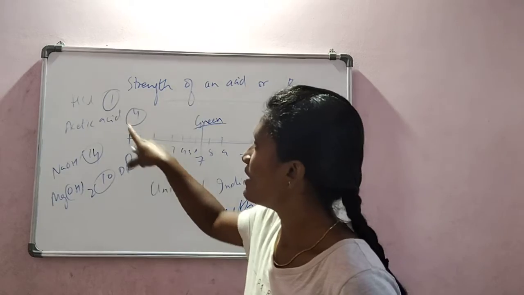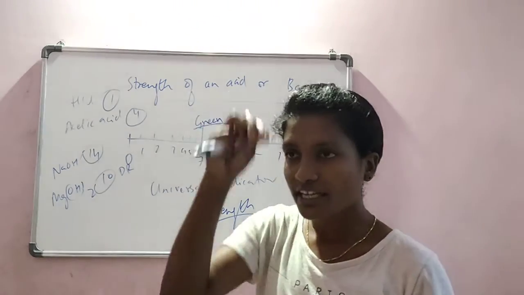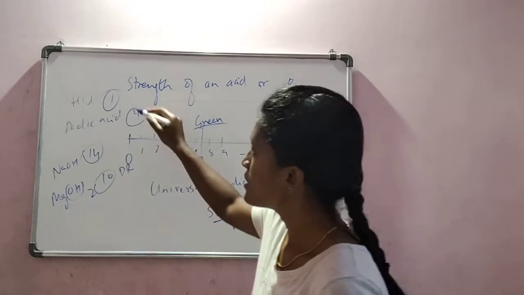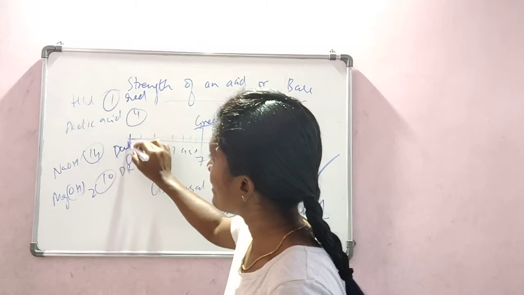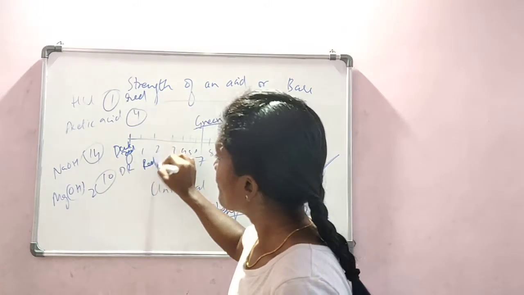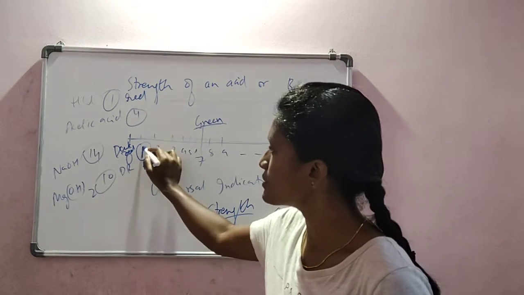This tells the water's pH is 7. Similarly, when hydrochloric acid is kept and a universal indicator is put in that, it gives us red color. Because 0 is dark red, 1 is red, which tells us HCl is a strong acid, and its number is 1.